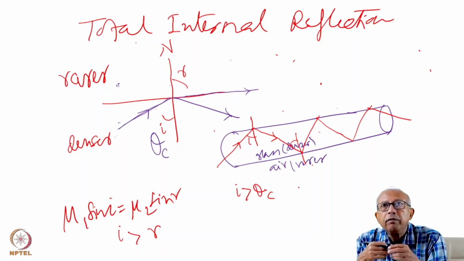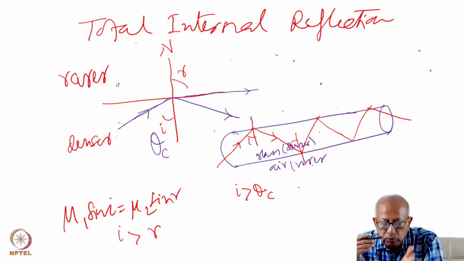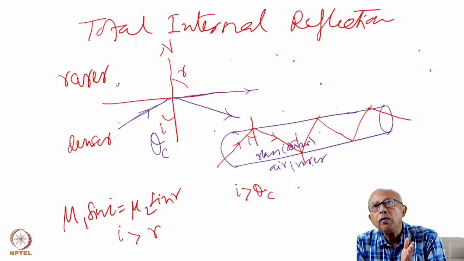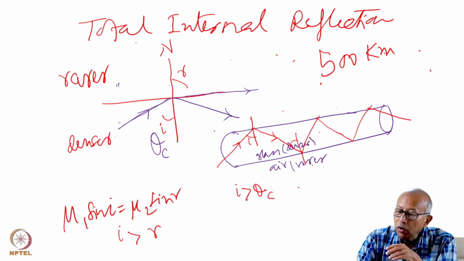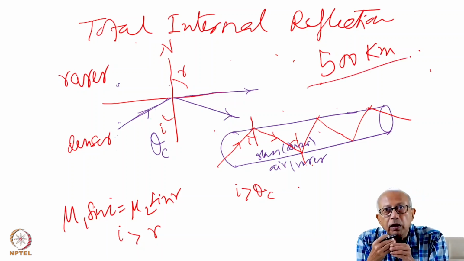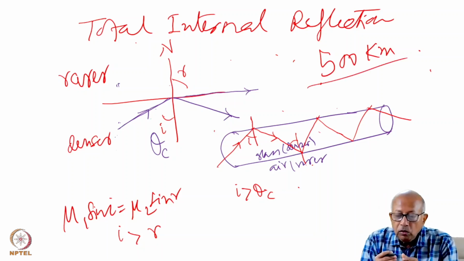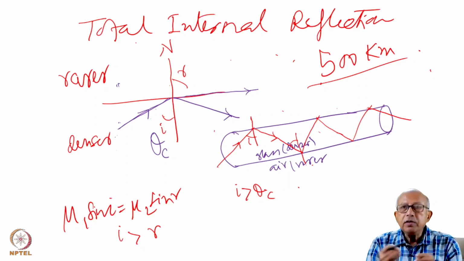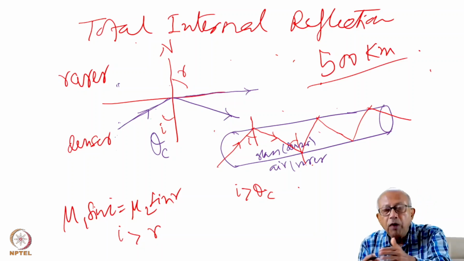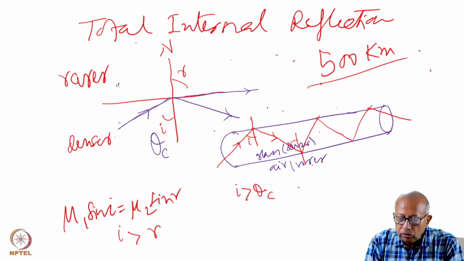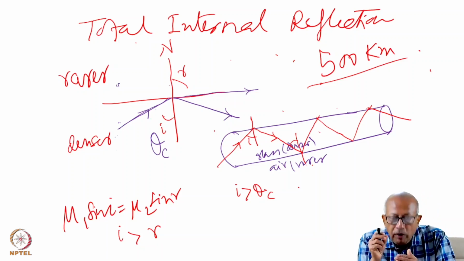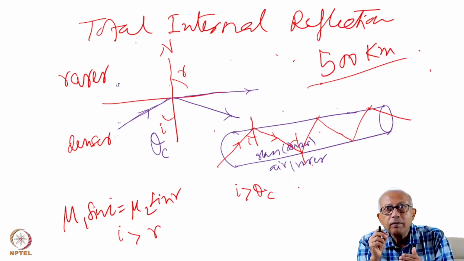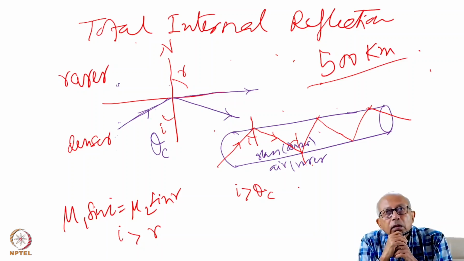Even today, we have some optical fiber where you put light at one end, and it can travel almost 500 kilometers, the length of the fiber, without any appreciable loss of energy, because there is no loss of energy through spillage due to refraction. And also, you choose your wavelength and the glass in such a way that that wavelength doesn't exhibit any loss in the fiber material.